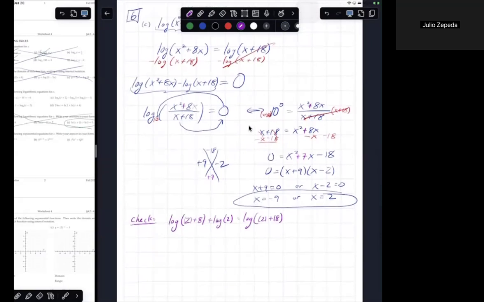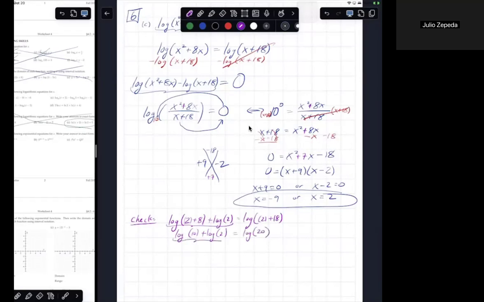If I punch this into a calculator, I should get both sides being equal. Well, I don't even need a calculator here because I get log base 10 of 10 plus log of 2 equals log of 18 plus 2, which is 20.